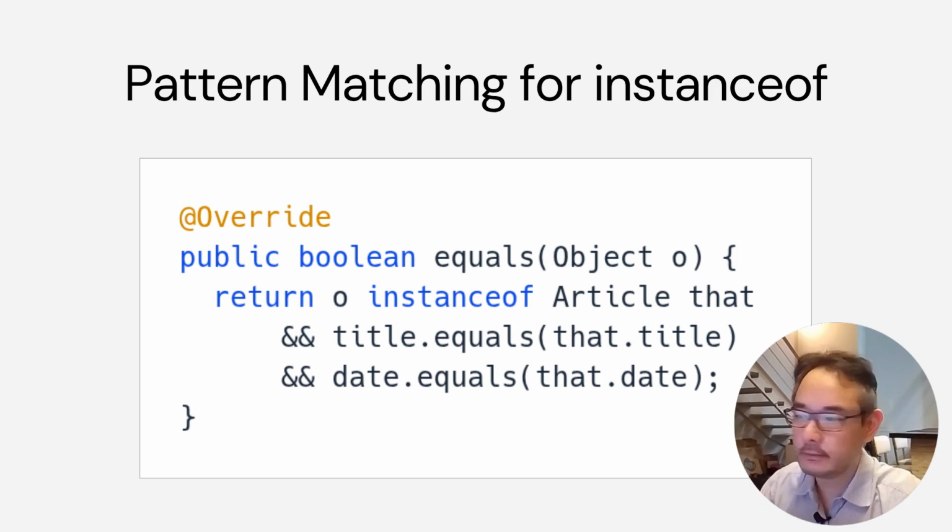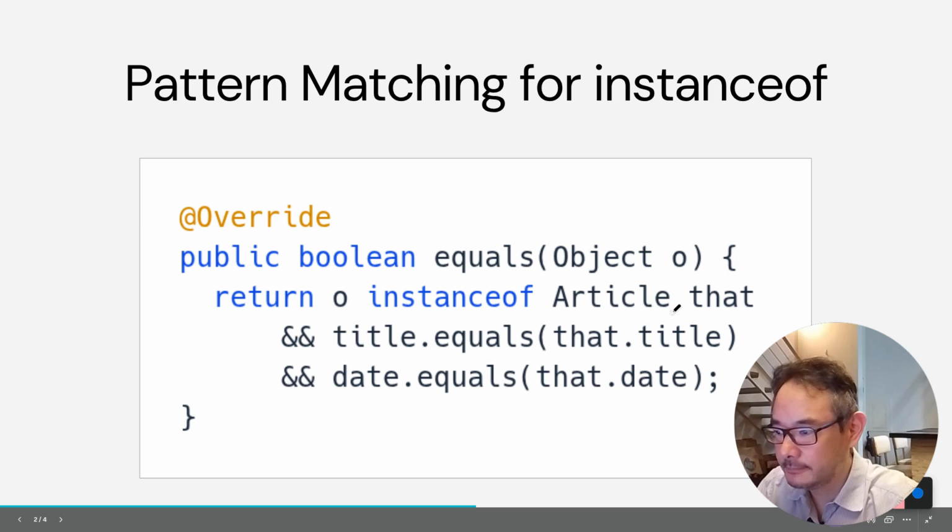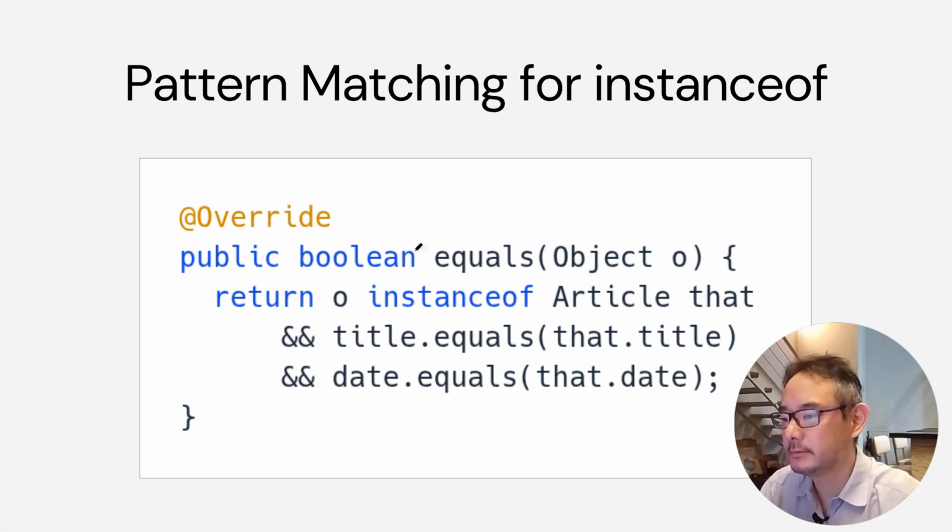For example, suppose we have this article class, which could represent a blog article. It has a title and a date. And so what it does is, first we check that the other object is an instance of article.